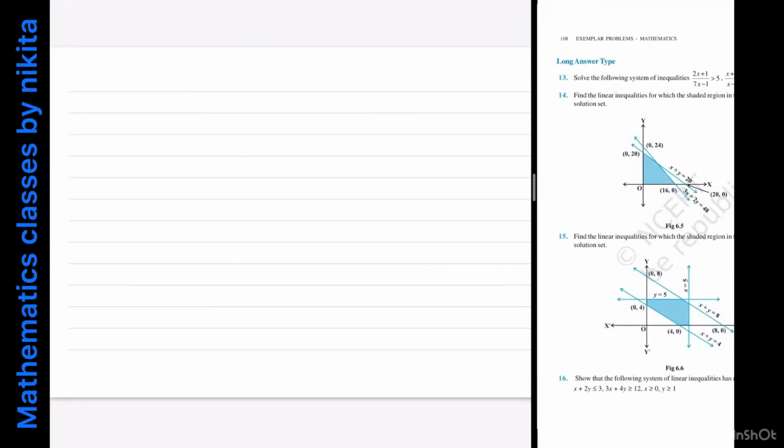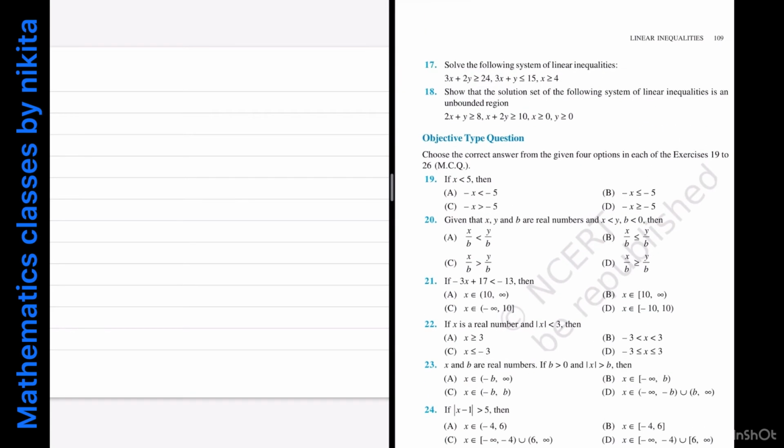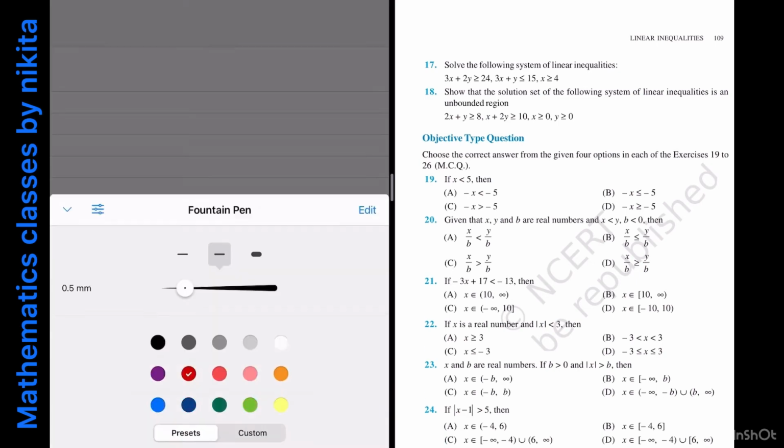Now next let us see question number 17. Question number 17 says solve the following system of linear inequalities. So again a similar type of question. Question number 17.